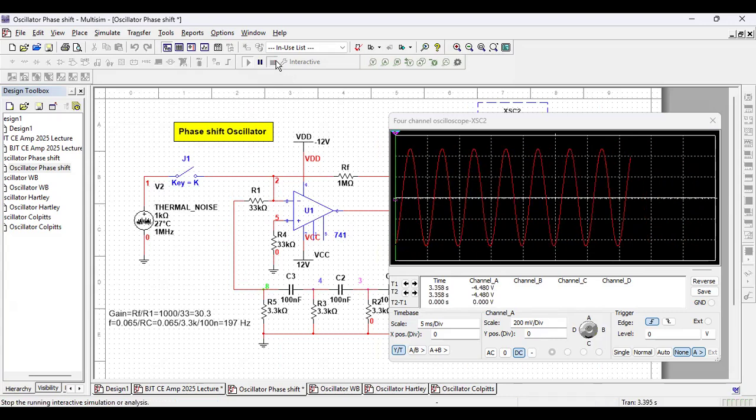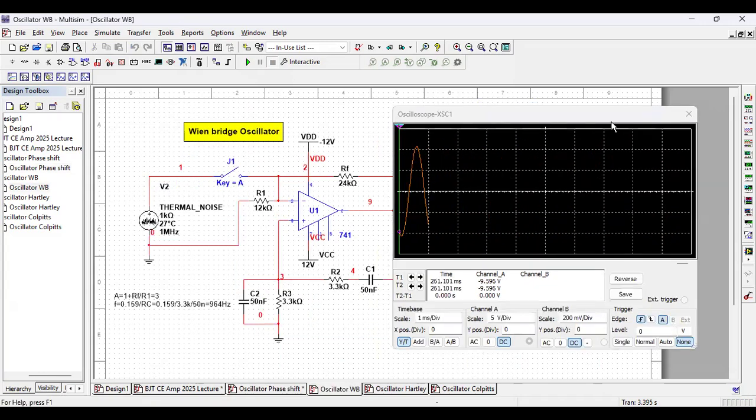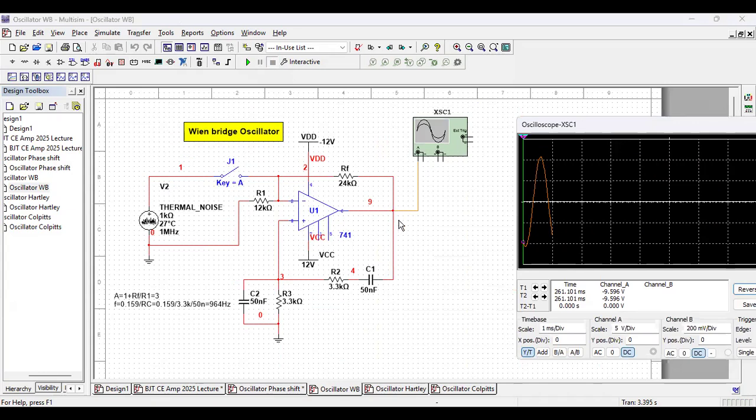Okay. Now we shall also see Wien bridge oscillator. This is the Wien bridge oscillator. You remember the feedback is given to the non-inverting input, and there is a series RC combination, there is a parallel RC combination. This is RF by R1.